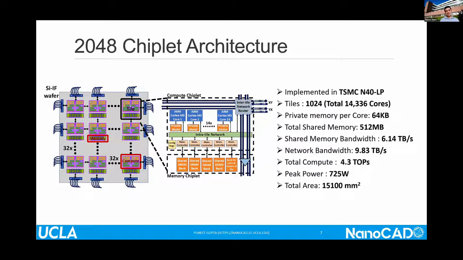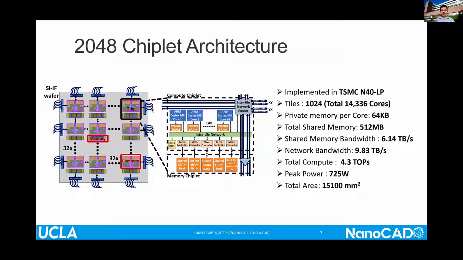Each processor chiplet has 14 ARM cores, and then some networking within the chiplet and chiplet to chiplet network. And these are the exact details, and you can see that the shared memory bandwidth and network bandwidth is pretty high. And this is for a 100 millimeter wafer scale system, or maybe a little bit larger.